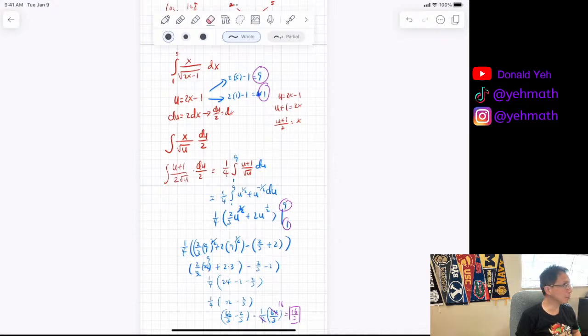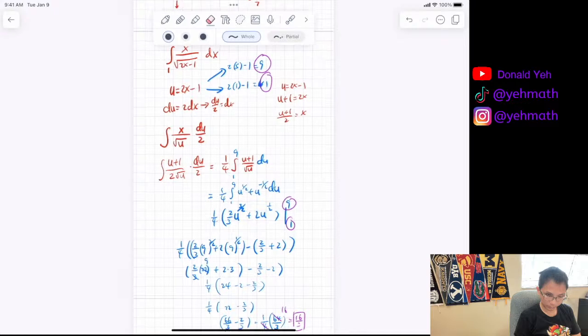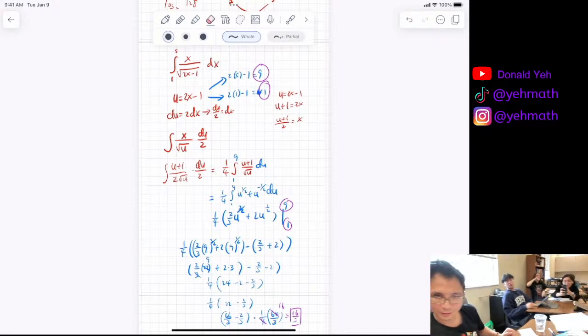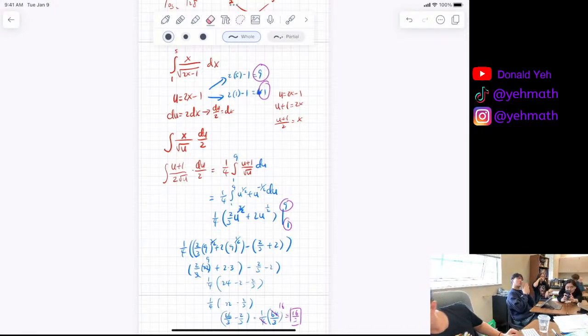Did you guys get this one? Anybody get this one? Raise your hand. Can you zoom in on the work? I cannot zoom anymore. Take a picture of it. Why did your turquoise thing come out as lime green? It's so hard to look at on my phone. Can you take a screenshot?